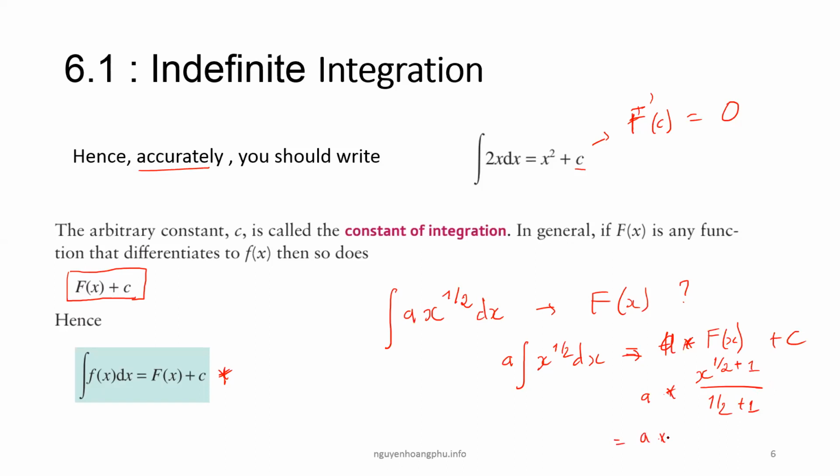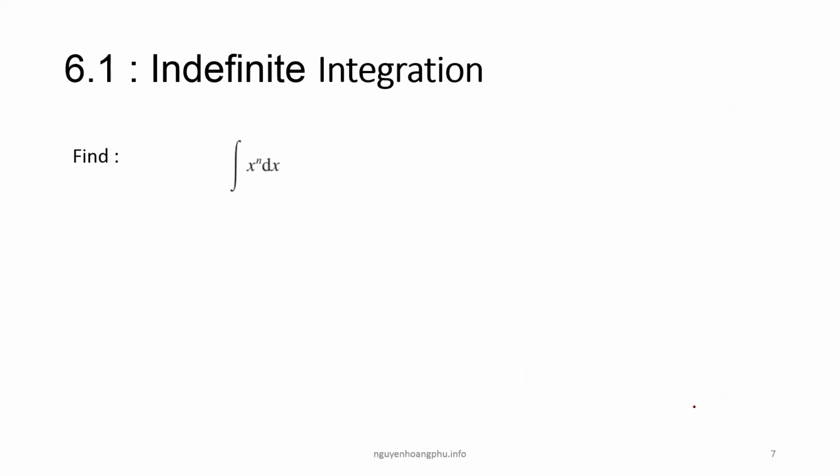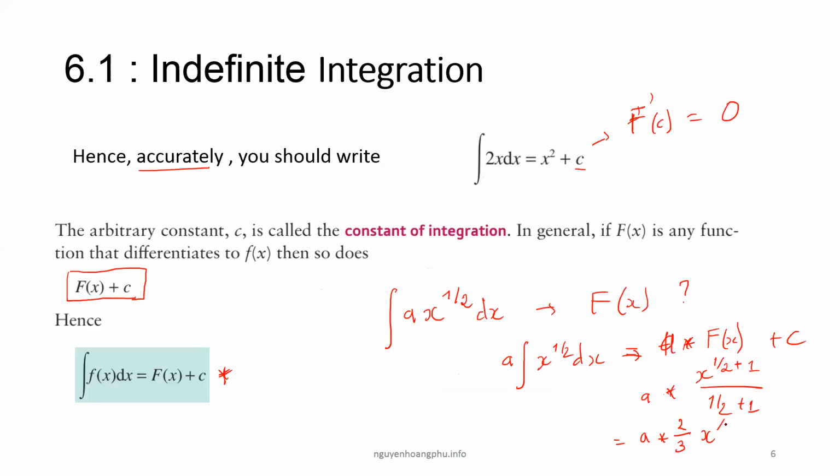So a multiplied with 2/3 x power 3/2 plus c, in which this one is a constant. You can take it at any value, right? This one is also a constant. It could be equal to 1, could be equal to 100,000.